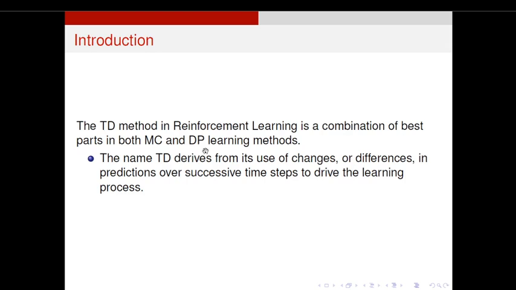We take the good part of MC and the good part of DP for reinforcement learning. The name TD derives from its use of changes, that means changes or differences in predictions over successive time steps to drive the learning process. We take a temporal difference.